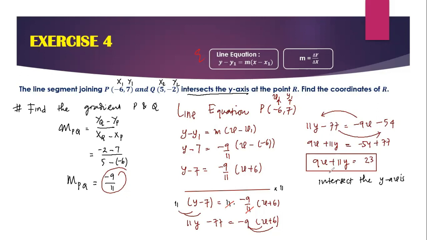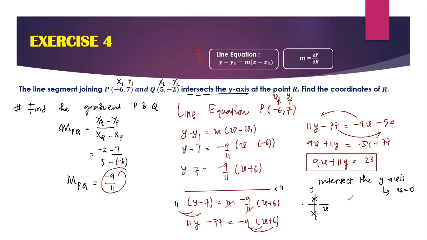For example, here, this is the x-y axis, right? Intersect the y-axis. What does it mean? The meaning is x is 0, right? Is it clear to you? x is 0, right? Intersecting the y-axis.